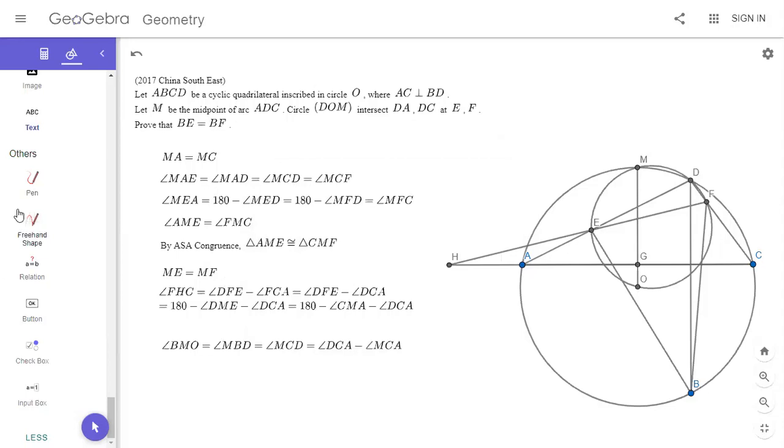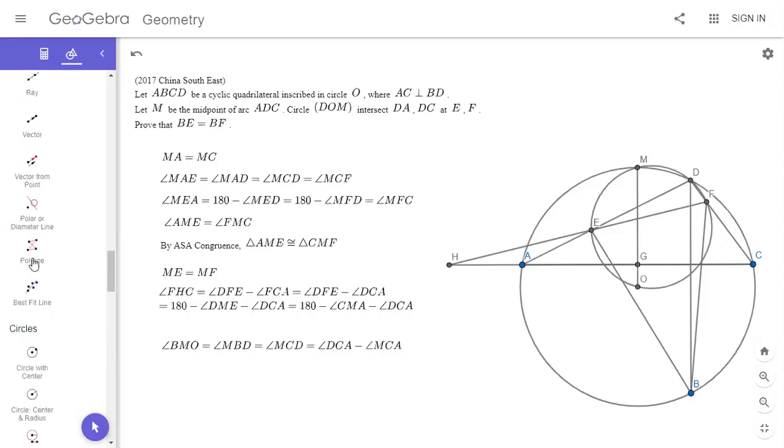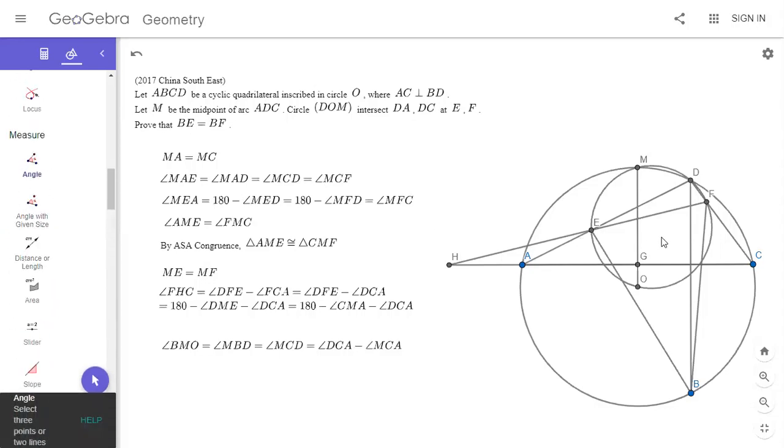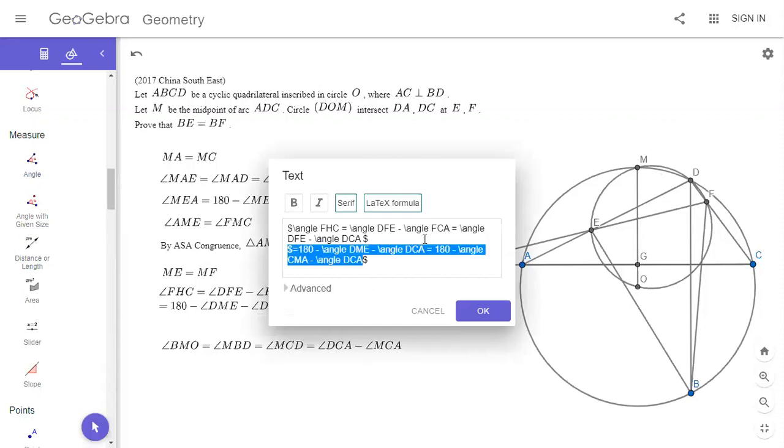Does CMA equal EMF? Let's see. Yes. Oh, DME is not equal to CMA. Yeah, this isn't true right here. That's where I got confused.